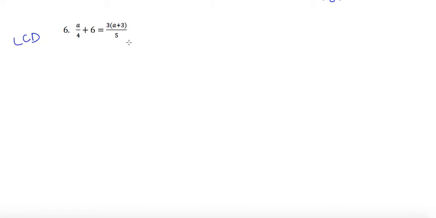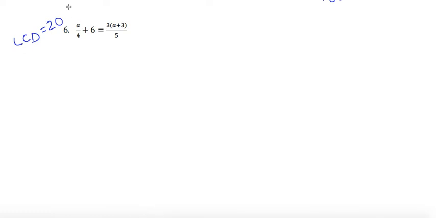So what is a number that is larger than 4 and 5 that both of them will divide evenly into? So 4 and 5 will both divide evenly into 20. So that is the lowest number that 4 and 5 will divide evenly into.